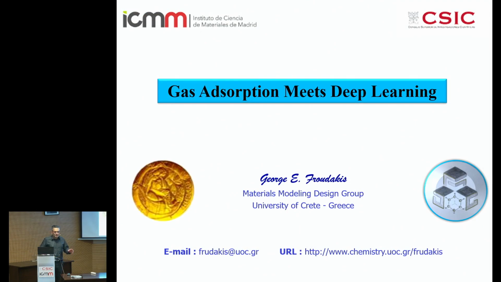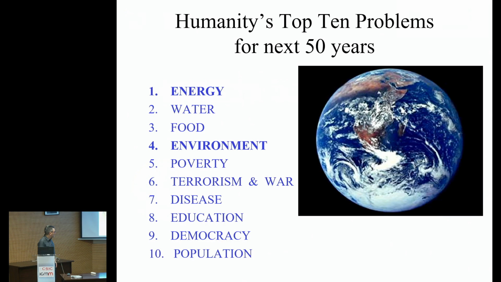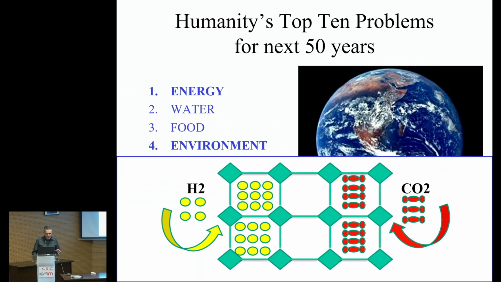So today I will speak a little bit about what we have been doing in the last 5-6 years that has to do with AI. Generally, in my group, we focus on two of the main problems that humanity will face in the next years, and these are energy and environment. How do we do this?